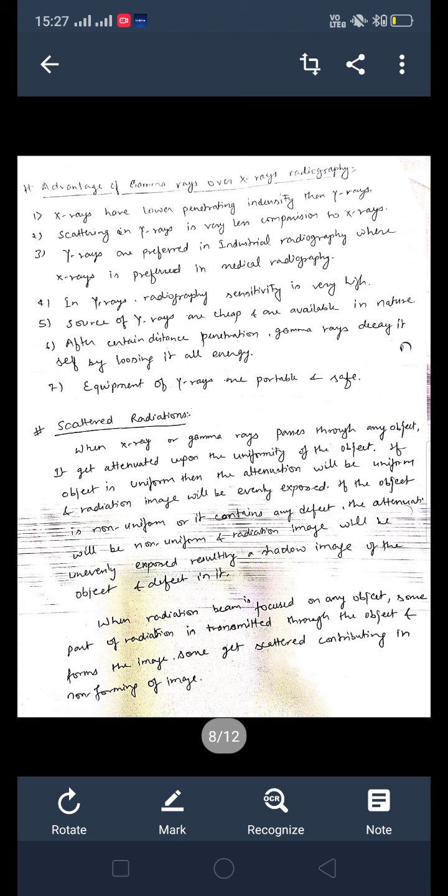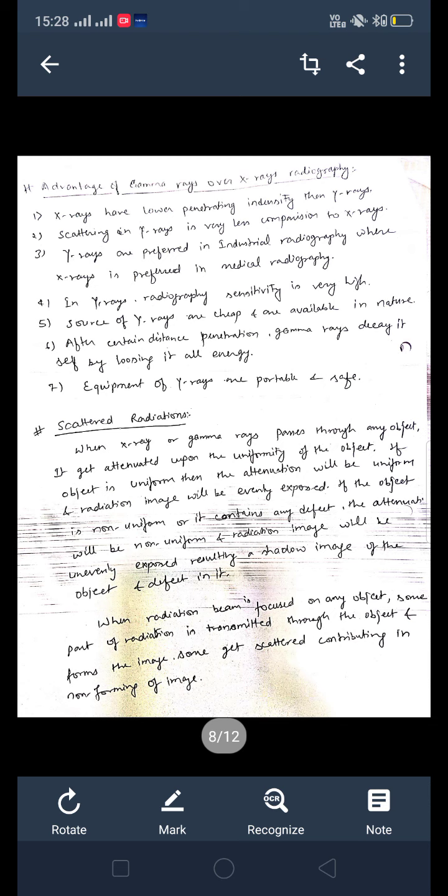If the object is uniform, then attenuation will be uniform and the radiation image will be evenly exposed. If the object is non-uniform or contains any defect, the attenuation will be non-uniform and the radiation image will be unevenly exposed, resulting in a shadow image of the object and the defect in it.